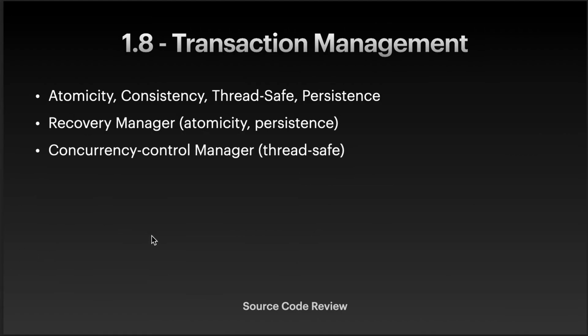Now, next section, section 1.8, discusses transaction management. So within transaction management, you have two managers, a recovery manager and a concurrency control manager. The recovery manager makes sure all operations are atomic and the data is stored and never lost, right?